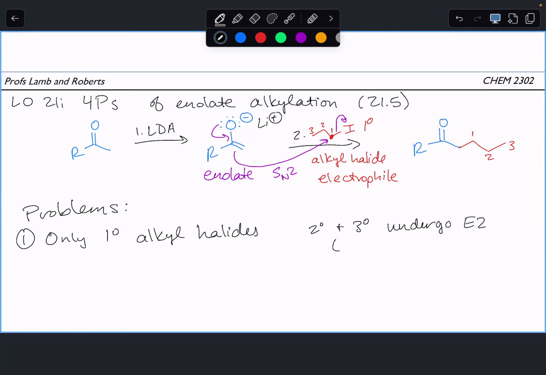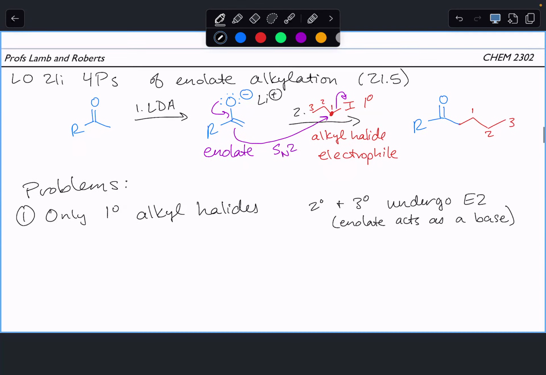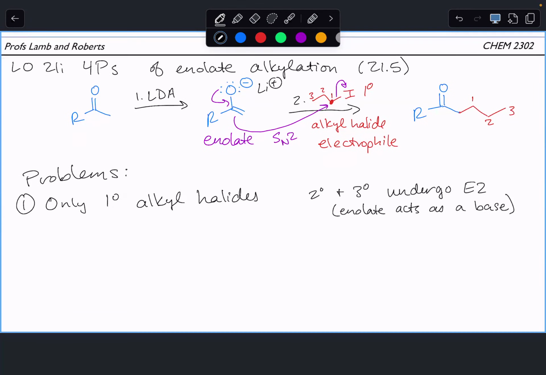So that would be the case where the enolate acts as a base instead of a nucleophile. So remember that SN2 and E2 can happen under the same conditions. It's just whether your reagent is acting as a nucleophile or a base. So let's show an example of that. If I draw my enolate, in addition to this enolate being nucleophilic, it is also basic.